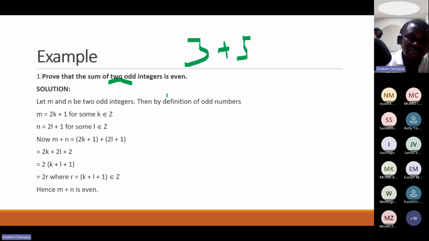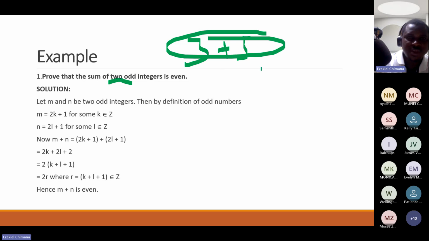Do not try to say, if I do this, is it going to be even? You need to show that it gives an even number. And how do you do that? You do it through direct proof, right? So let m and n be two odd integers.